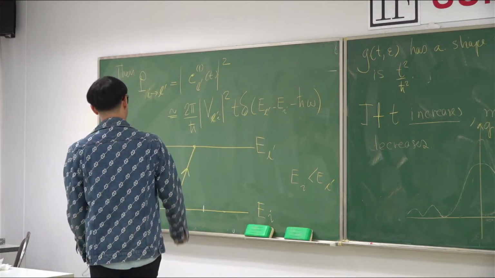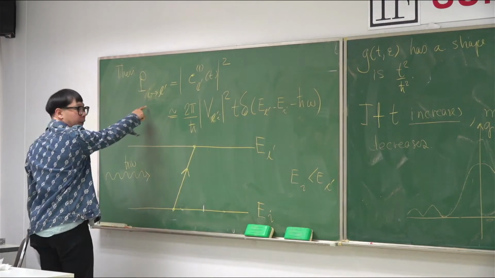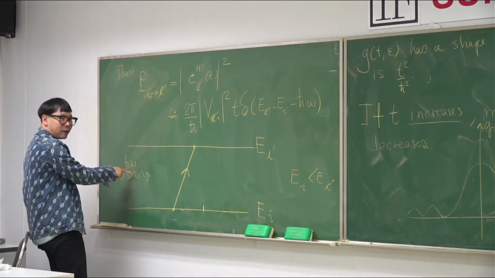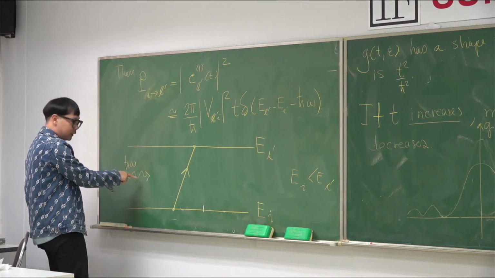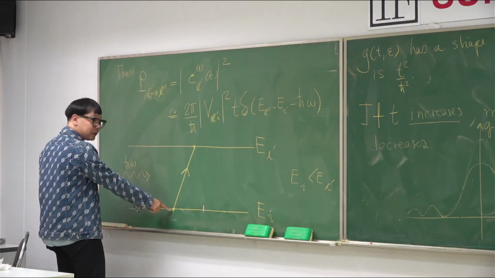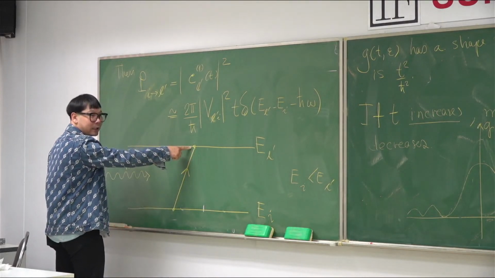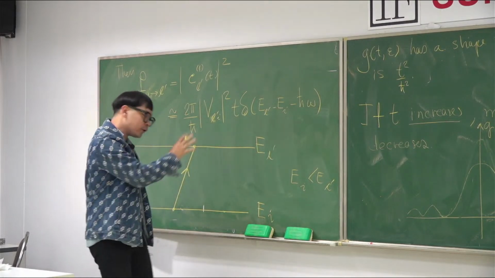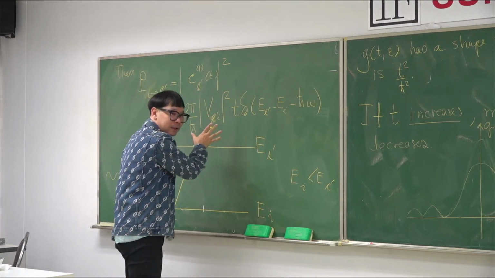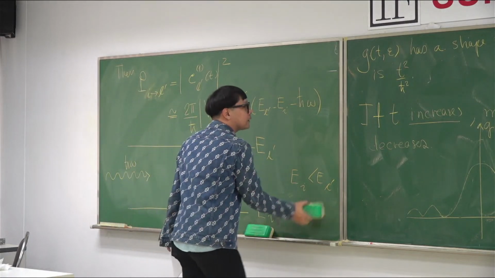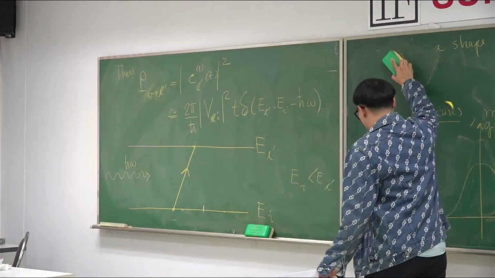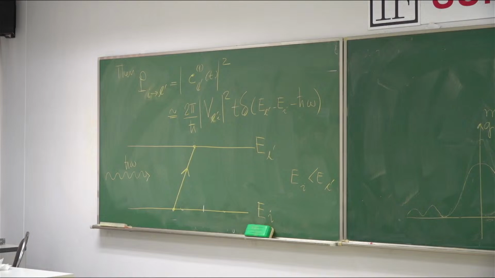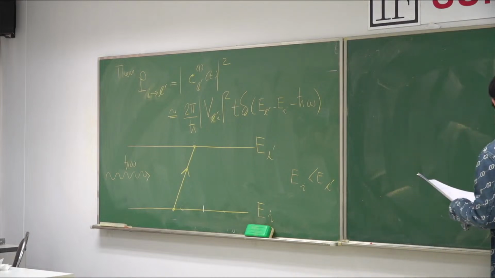And this is the probability that once you put this energy into your system, it will be transferred from this lower energy to a higher energy with this amount of energy. This is the probability that is going to happen.